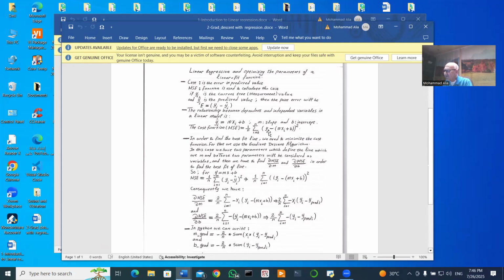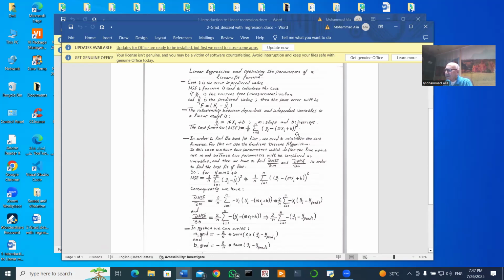When the minimum value of the objective function is achieved, then we have defined for this specific case the value of m and the value of b, which means we have exactly defined the linear regression line which has the best fit.